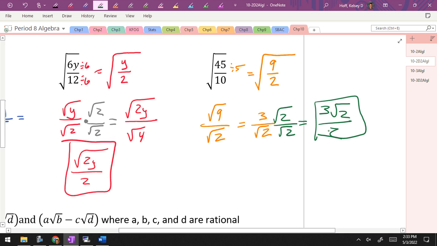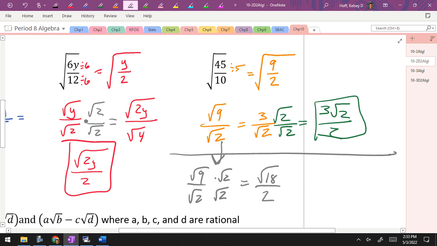My guess is you guys right here, square root of 9 and square root of 2, you went times the square root of 2 and times the square root of 2, right? So what'd you end up with? 2, right? This is what I mean by you can't quit here. Because 18, you can factor out to be 3 and 6, 2 and 3, right?